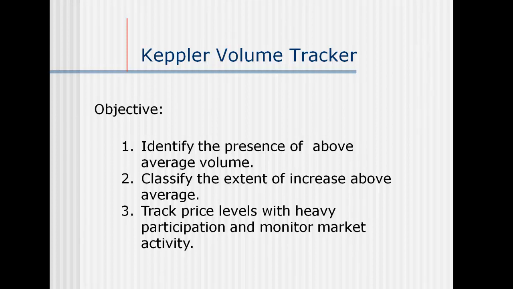Now, let me tell you a little bit more about the algorithm for the Kepler volume tracker. It only works on time-based charts. So it cannot be placed on a tick chart or a volume-based chart, but it will work on any time frame. And the reason is, in my logic in developing the tracker, I didn't want to just identify large parcels of volume at any particular time.